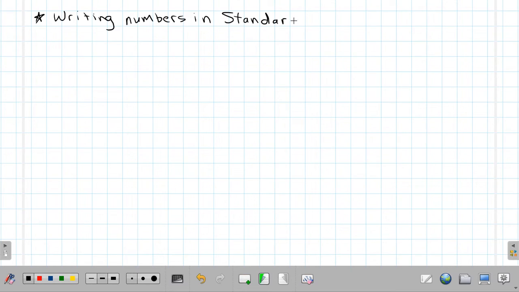I made a mention of this earlier. When we're talking about standard form, we're just talking about a decimal, a normal number. So if I wanted to write the number 1 million in standard form, I would write out 1 million as a number.